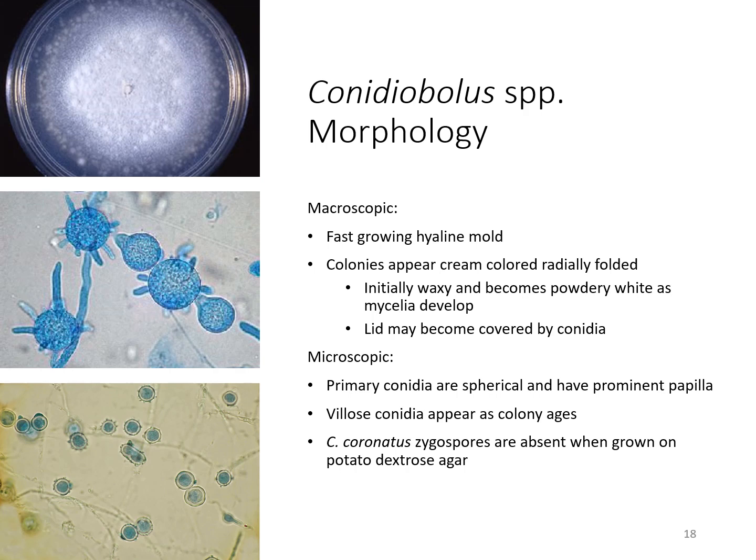Conidiobolus appears on a plate as a fast-growing mold. The colonies can be a cream color, but as they start out, they are initially kind of waxy, but then they can become powdery. So you can see that here up top. And then sometimes those conidia can cover the lid from where they pop open. So the lid can get a little haze to it, or it can appear as though something's growing on the lid.